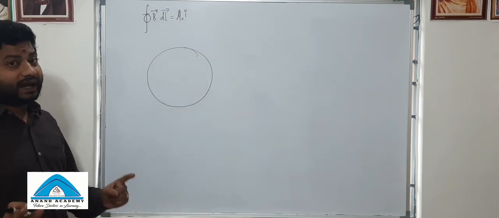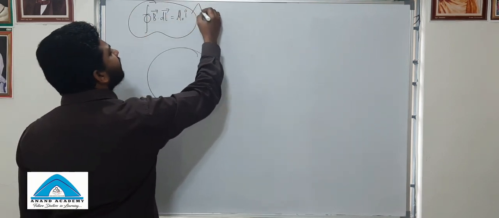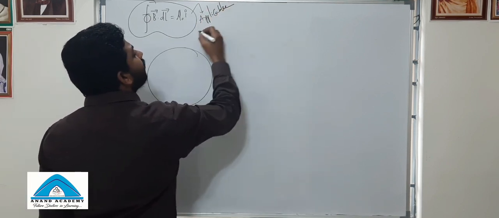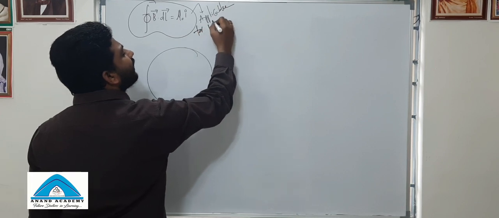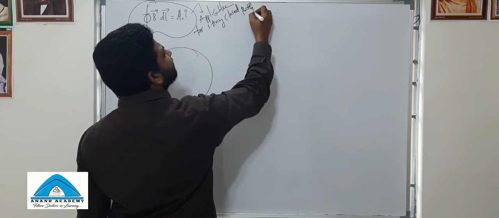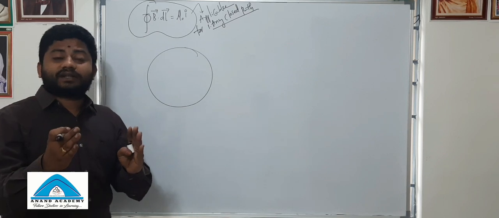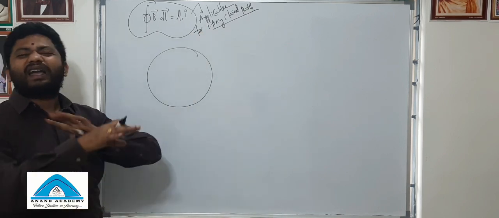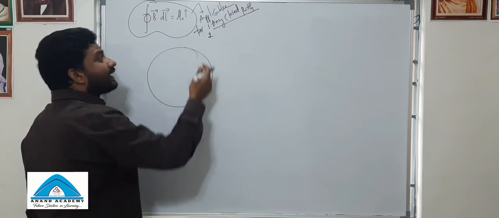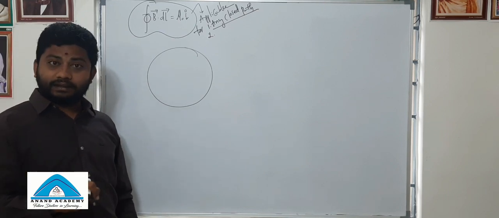And before moving to that, listen. Ampere Circuital law is applicable, number one, for any closed path, whatever may be the shape and size. Irrespective of the shape and size, Ampere Circuital law is applicable for any closed path or any loop. And number two is the current, which must be a steady current.